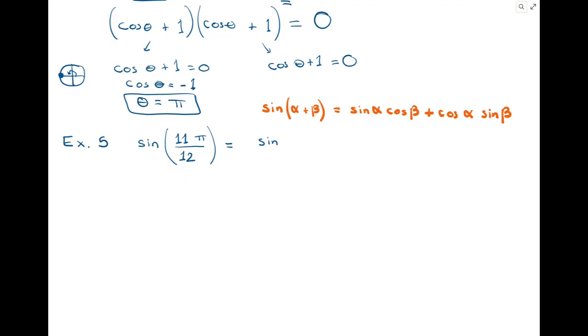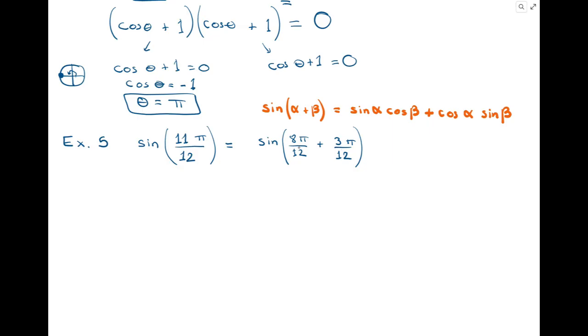So we know that 11 pi over 12 will be the same thing as 8 pi over 12 plus 3 pi over 12. Now, why did I pick 8 pi over 12 and 3 pi over 12? When you add 8 and 3, you get your 11 back. 12 is your common denominator.